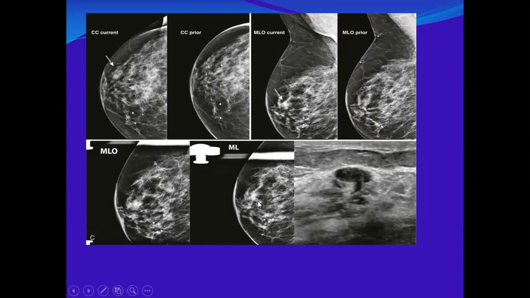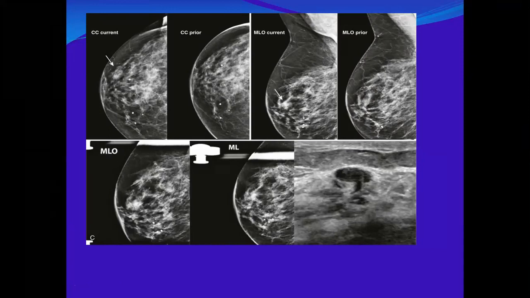Spot magnification views, these are spot magnification views, and this is spot magnification of true lateral. Since it is true lateral, it still persists, and on spot compression, sorry, not spot magnification, spot compression view, it is still persisting, and in the compression view of the true lateral it is still persisting.